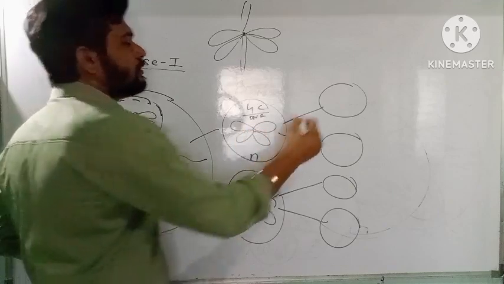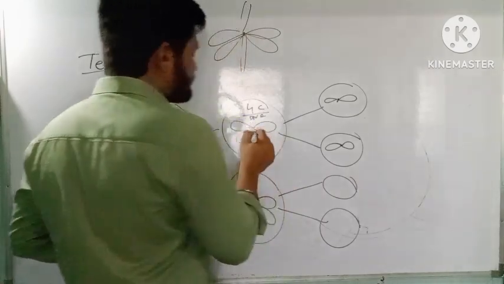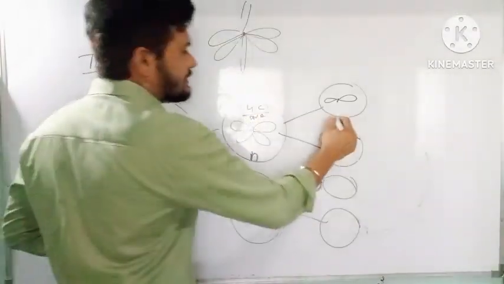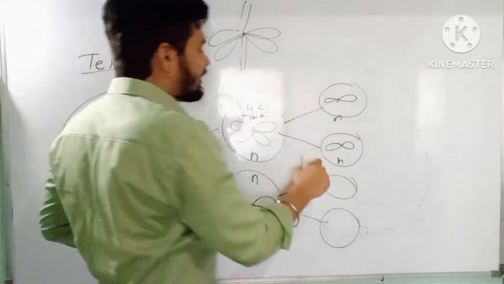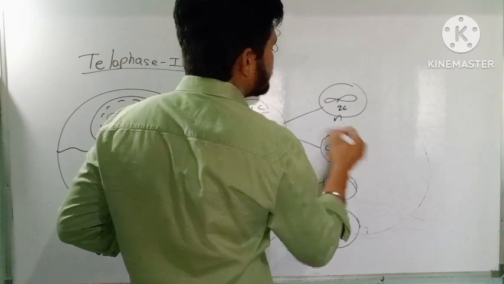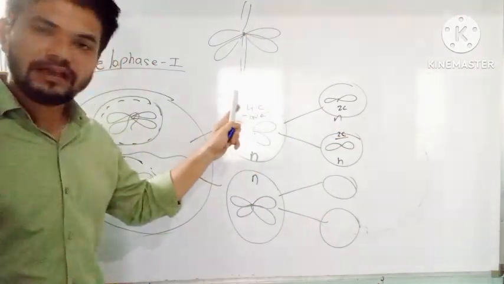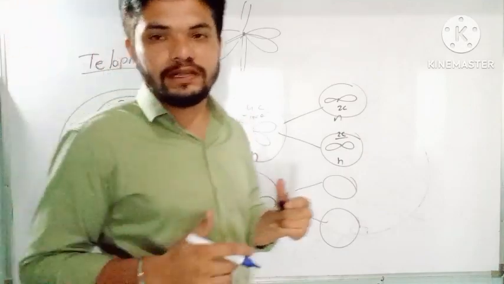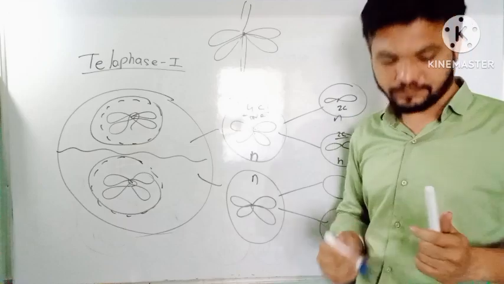These sister chromatids are going to separate in these daughter cells. So this is also a haploid cell, and these are also haploid cells. But what is the difference? These cells have only half the DNA content, meaning 2C DNA. This cell has 4C DNA, double the amount of DNA. So DNA content is getting reduced, not the chromosome number.